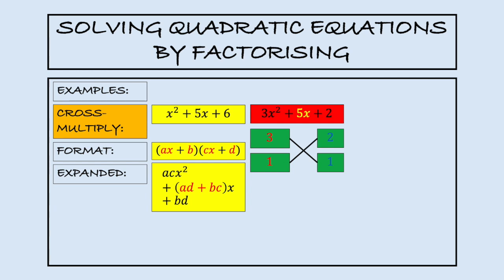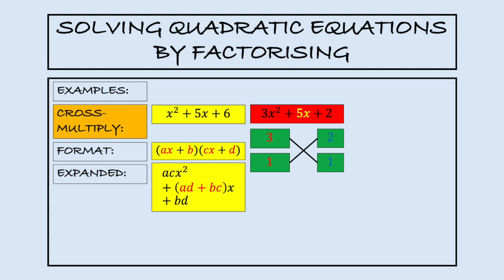So we find two numbers, a and c, that multiply to 3, and find two numbers, b and d, that multiply to 2. And 5x being in the middle, we know that the products of the two diagonals must add together to equal 5x. We really only have two ways to do this since we are looking for integer solutions.